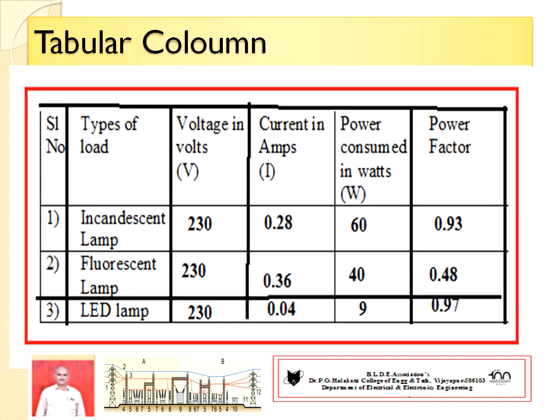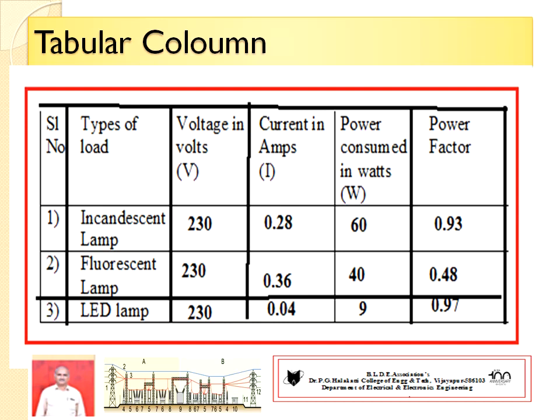The next part is very important, the tabular column. What readings are you required to take? You can make a table. We require readings for measurement of voltage, measurement of current, and measurement of power, that is the wattmeter reading. Lastly we have to calculate the power factor.